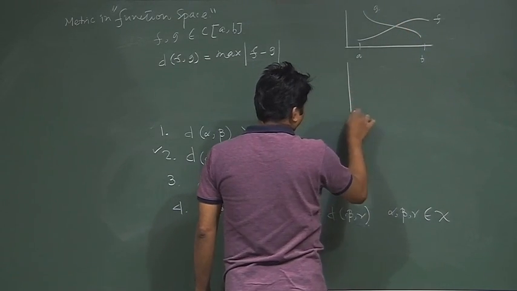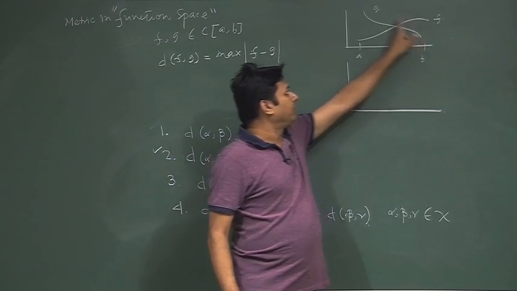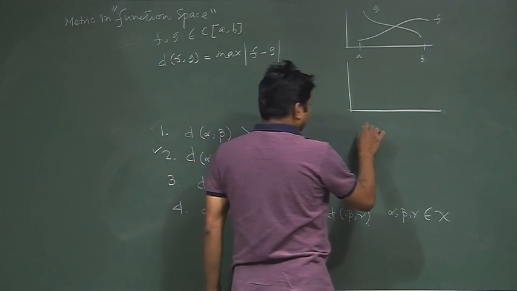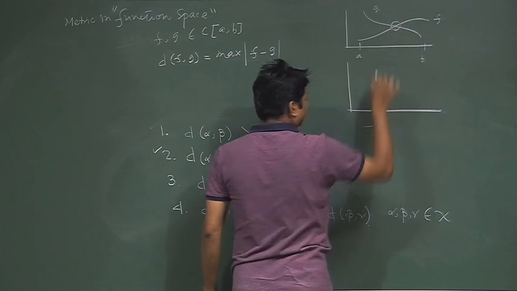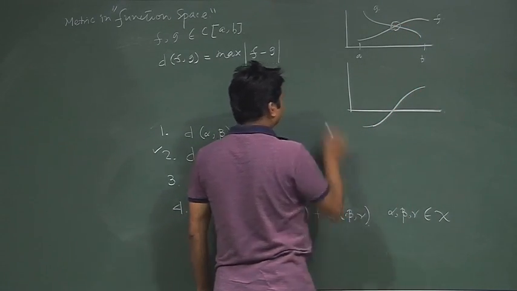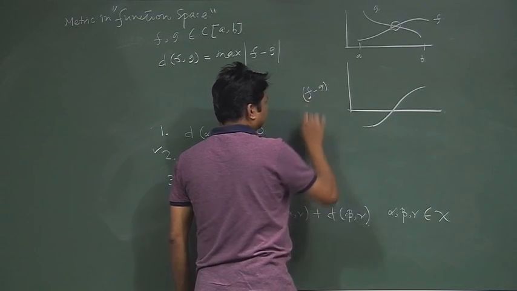So, if I draw f minus g, then I will have something negative here, and then at this point two functions crossover. So, I will have a 0 here, and then it will be something like this. So, it is f minus g I am plotting.